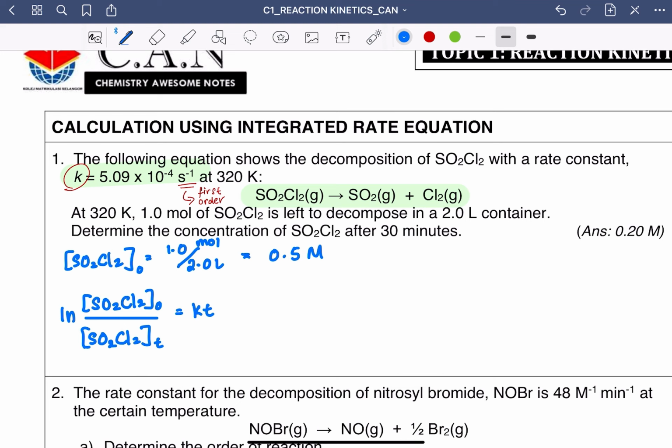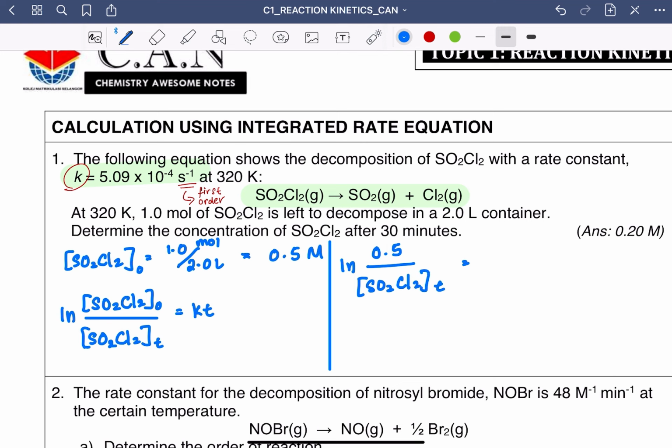So we already have the 0.5. Substitute all the values that you get. So ln 0.5 over SO2Cl2 at the time given, which is 30 minutes.